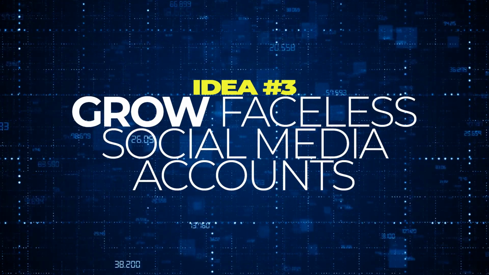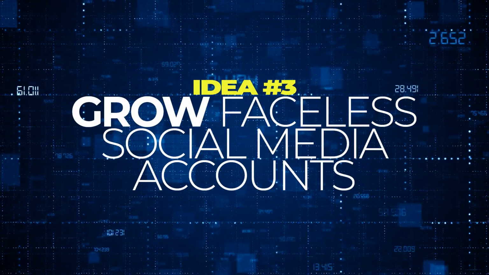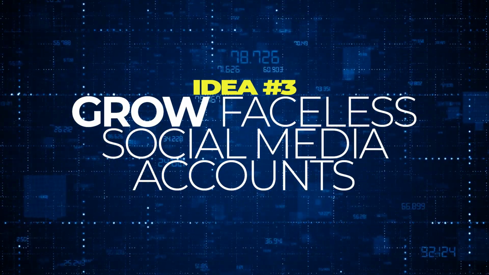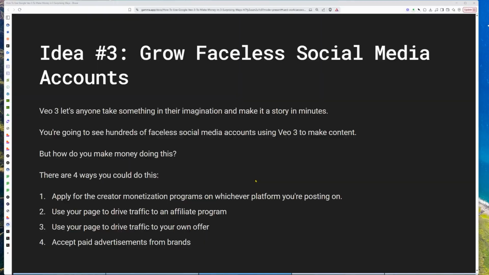Counting down from number 3 is a faceless social media presence. Veo 3 lets you take anything in your imagination and make it into a story in just a matter of minutes. And so for a few dollars, you can assemble a really powerful story that people will watch, whether it is nonfiction or fiction, storytelling, fun, whatever it might be.